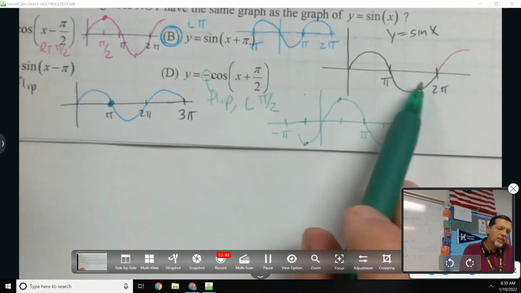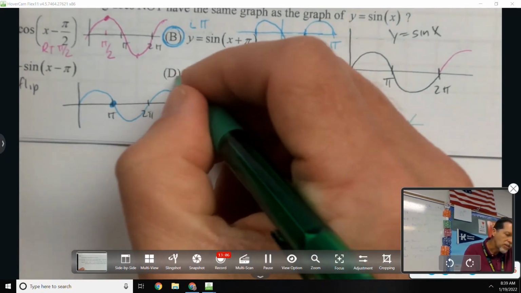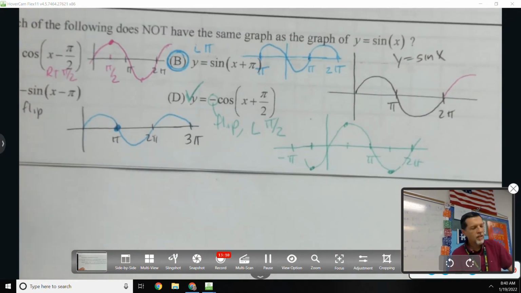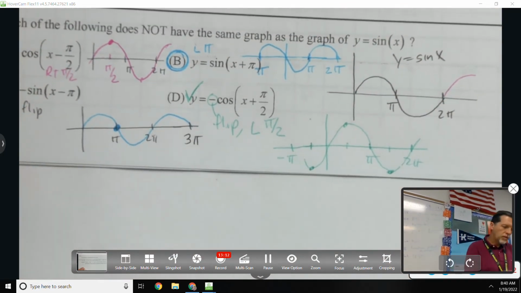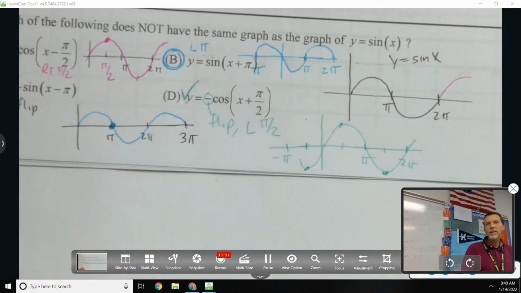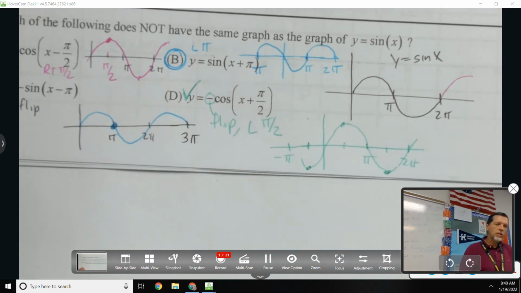So is that the same graph? Yeah, if we kept going, it does match. So it's a good example of there's 4 different ways to write that one graph. There's more than that. That's 4 examples of a way to write that. Good question.